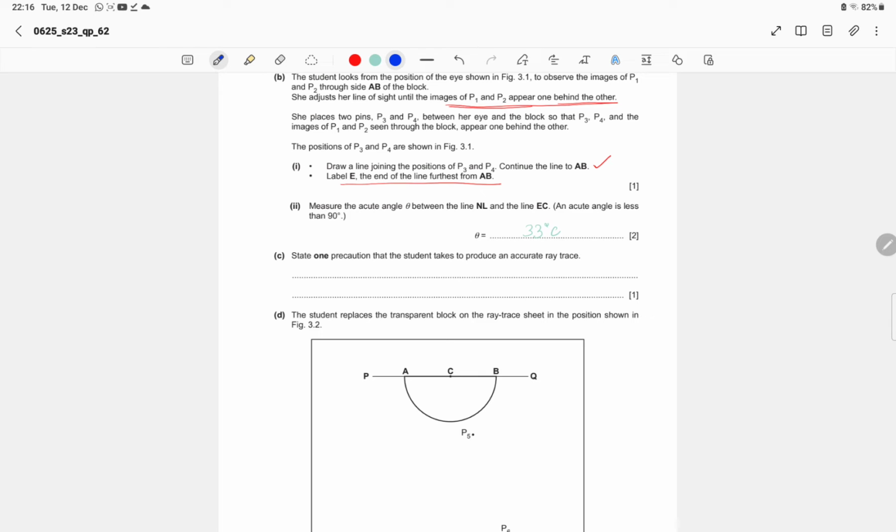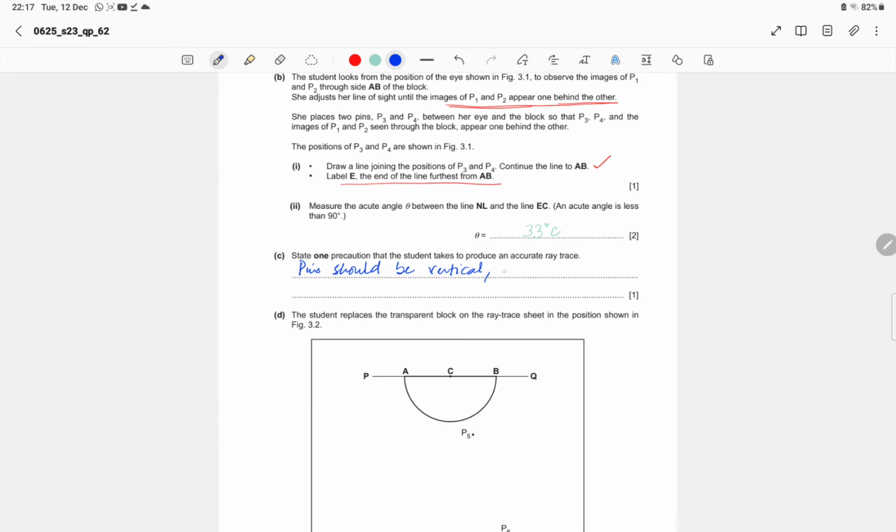Okay, now state one precaution that students take to produce an accurate ray trace. We can use a number of precautions over here, so it's up to you how you are going to memorize this. First thing is that the pins should be vertical, or you can say straight.